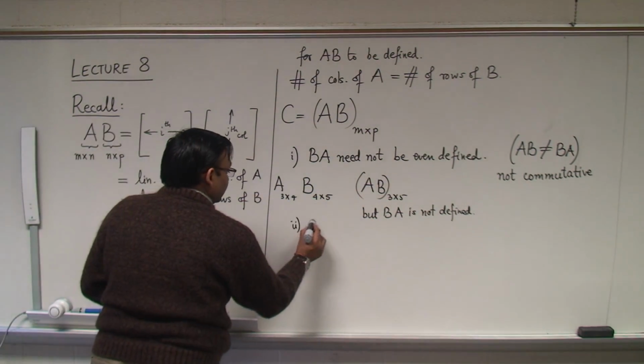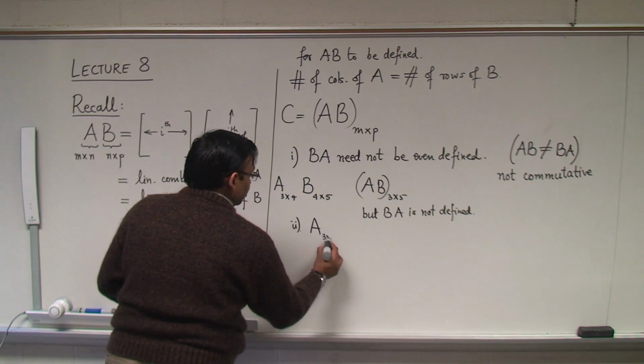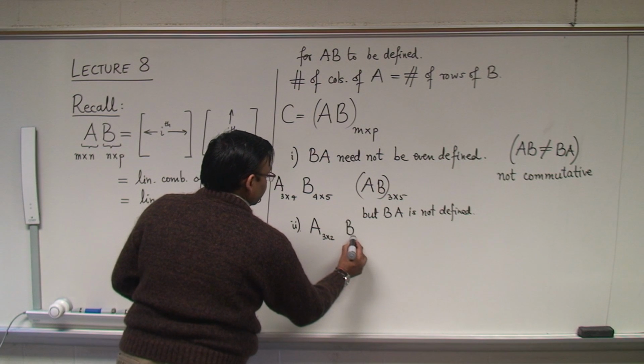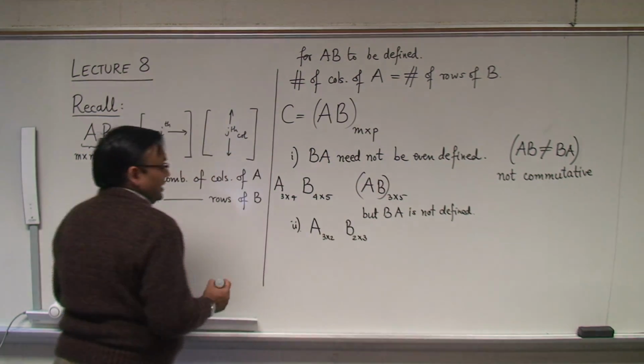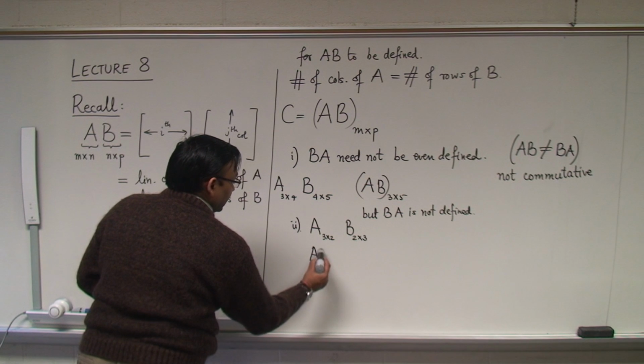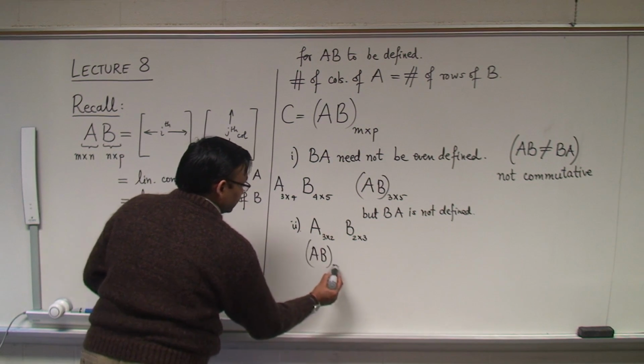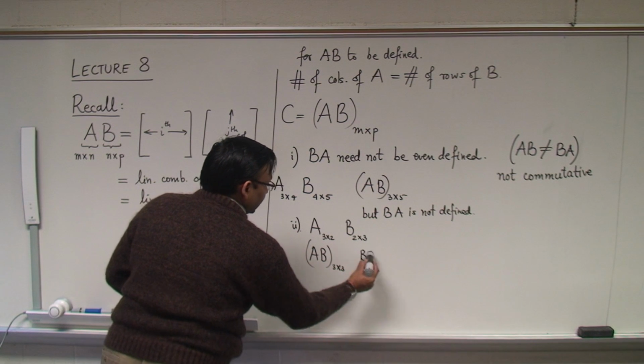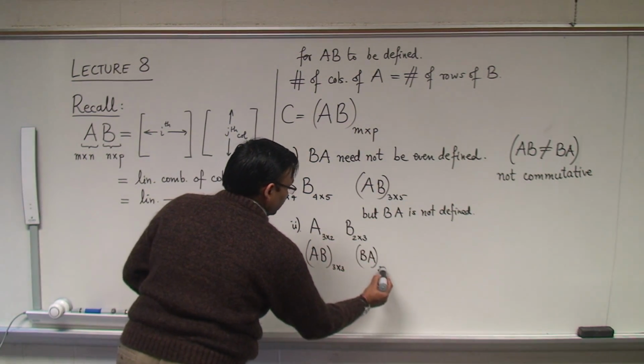So let's see, what if A was of size 3 by 2 and B is of size 2 by 3? In this case, both AB and BA are defined. AB will be of size 3 by 3 and B times A would be of size 2 by 2.